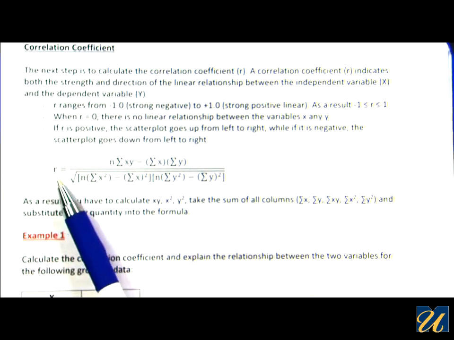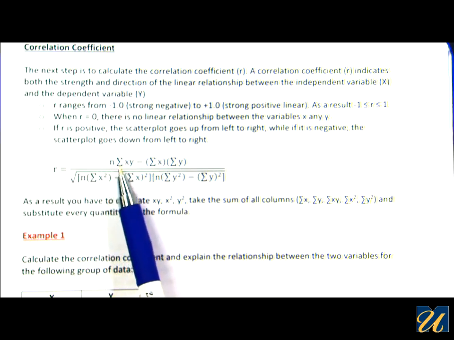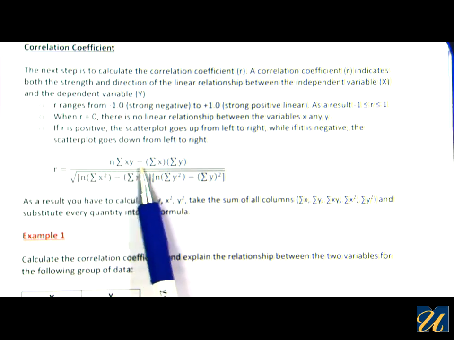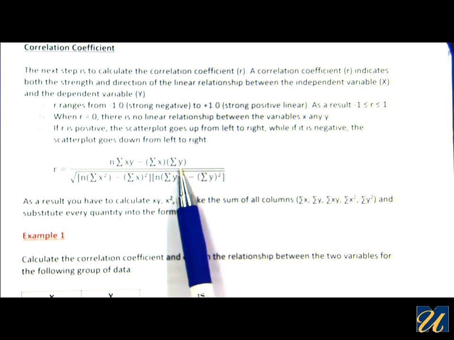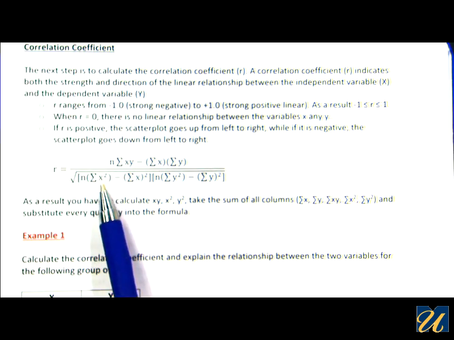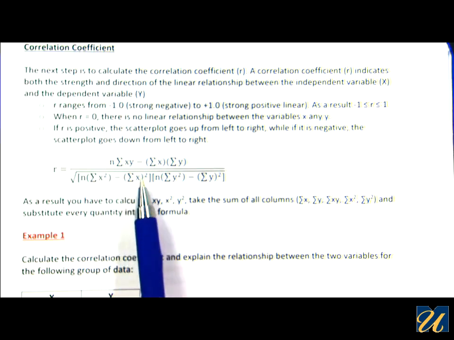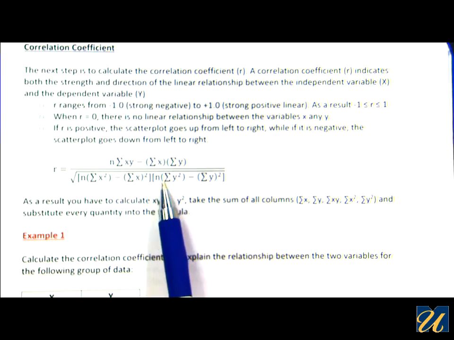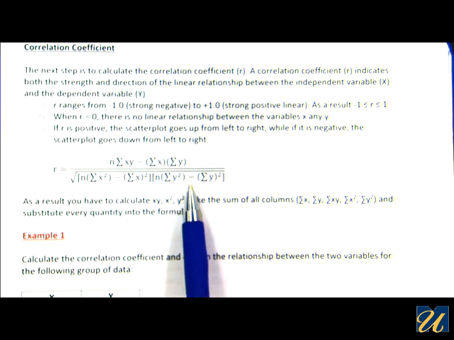Now, if we were to use the formula for R, R would be equal to n times the summation of x times y, minus the summation of x times the summation of the y values, over the square root of n, being the number of pairs that you have in your data set, times the sum of the squared x entries minus the sum of all x entries squared, and then all of that times n times the summation of y squared minus the summation of the y values squared.